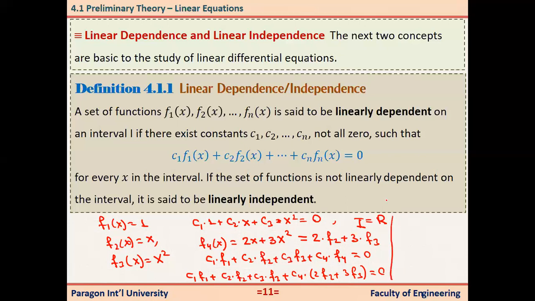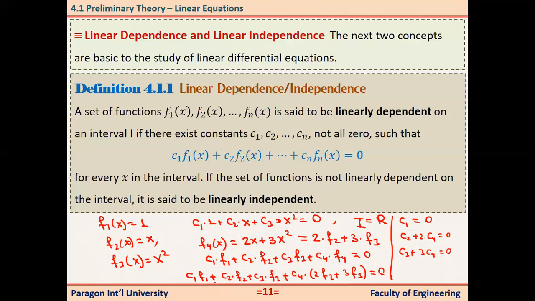So that means if I choose C1 equal to 0, and C2 plus 2 times C4 equal to 0, and C3 plus 3 times C4 equal to 0.